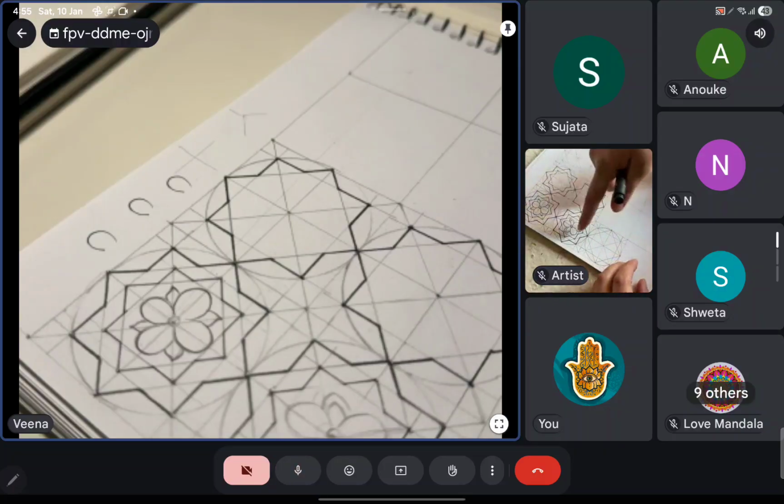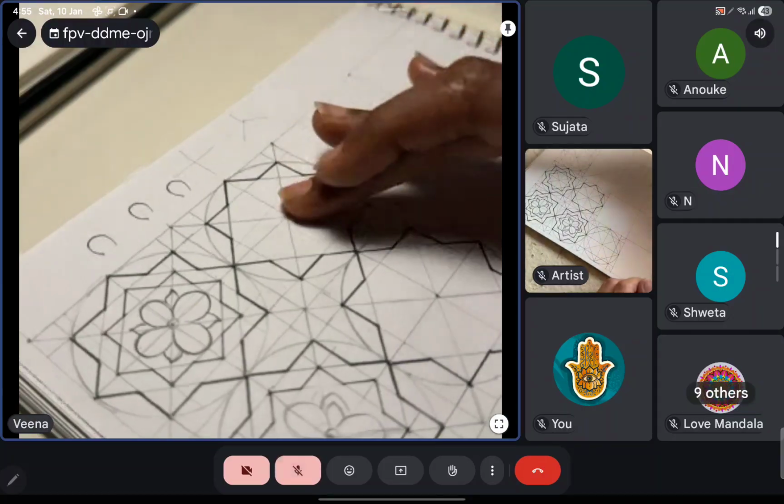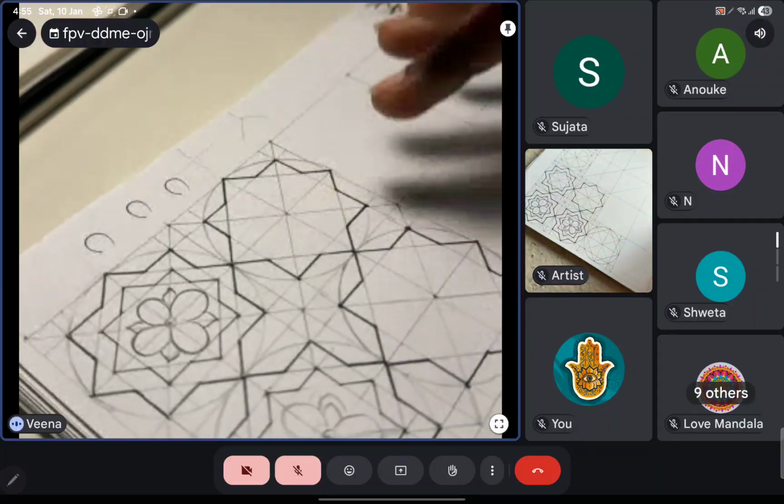So you're alternating the flower, the three-petal and the four-petal, right? Yeah, you can alternate the three flowers. That's right. And so here the third flower will be coming.